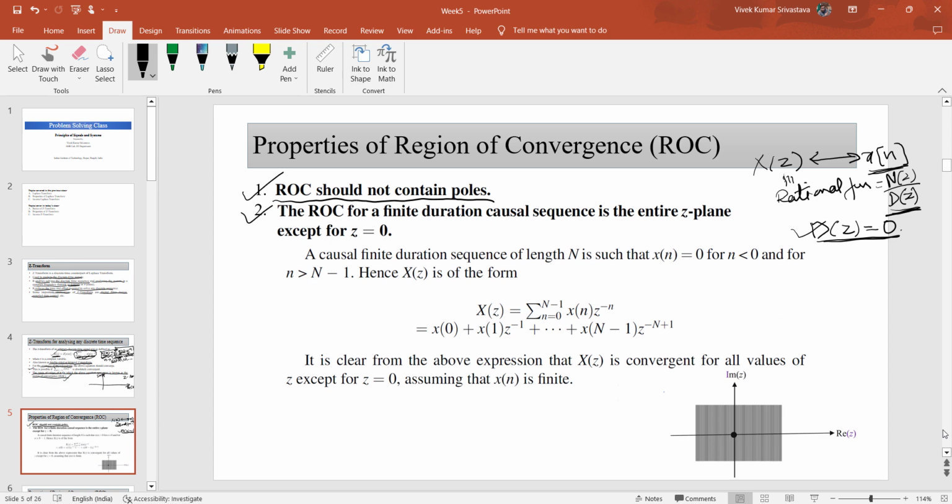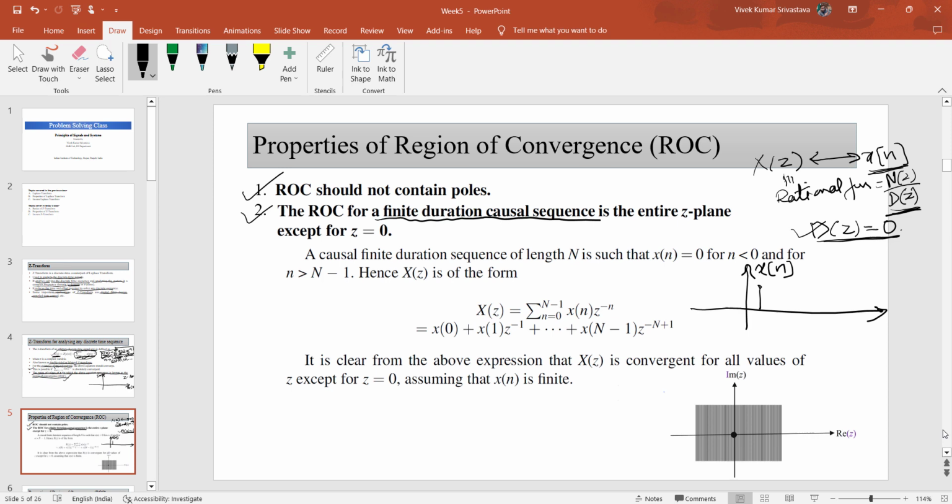The second property of the region of convergence states that the ROC for a finite duration causal sequence is the entire z plane except for z equals 0. First, we have to understand what a finite duration causal sequence is. Suppose this is my signal in the discrete domain.